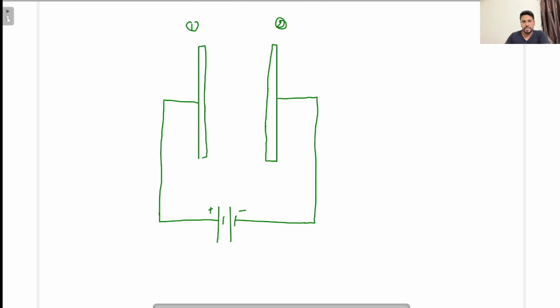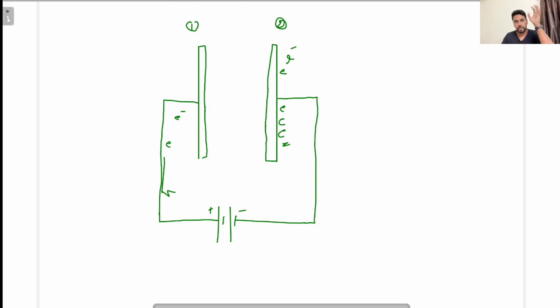Now all these electrons are going to run towards the battery, and from there all these electrons are going to be accumulated at this point. So electrons are getting accumulated at one point and being removed from this side.